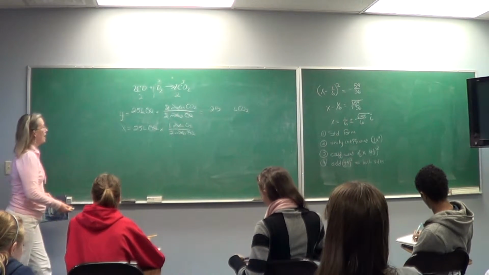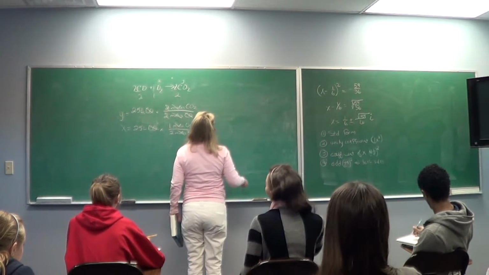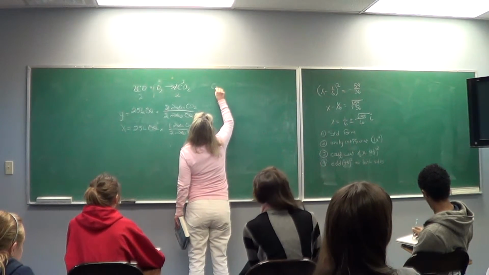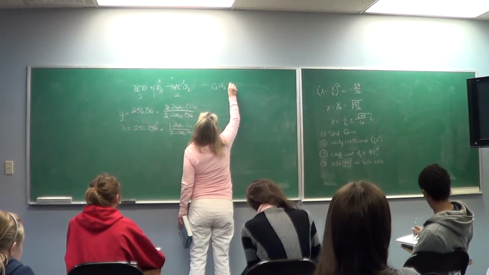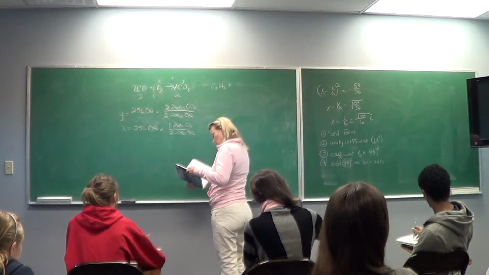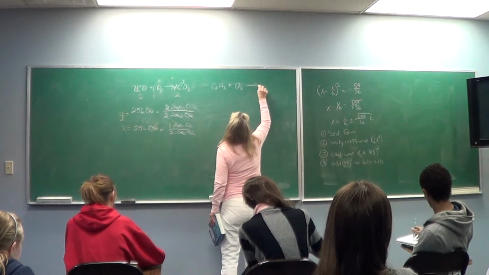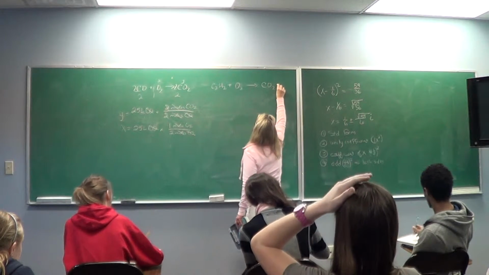All right, the next one, acetylene gas burns in oxygen and forms carbon dioxide and water vapor. So acetylene gas is C2H2 plus oxygen, right? Burns in oxygen, forms carbon dioxide and water.